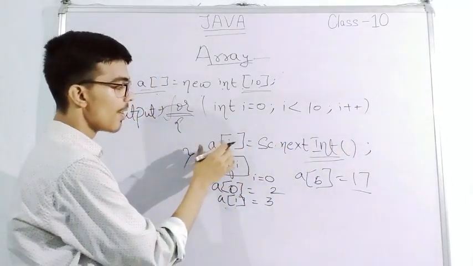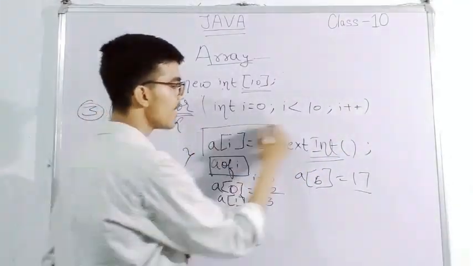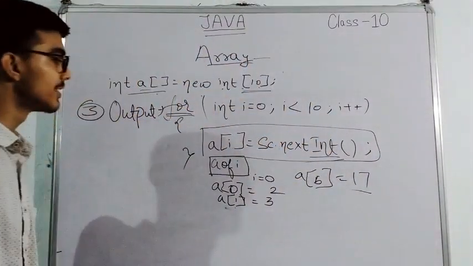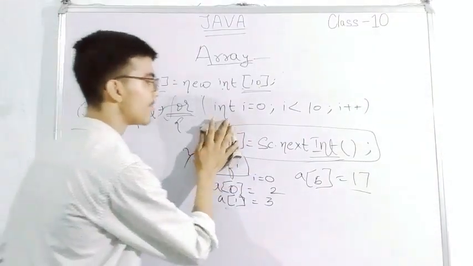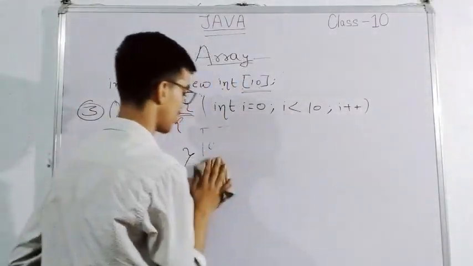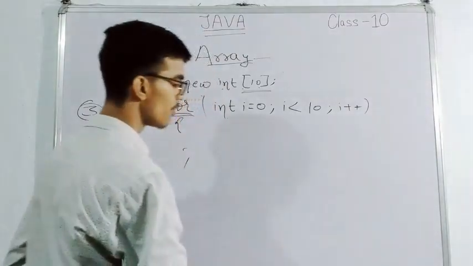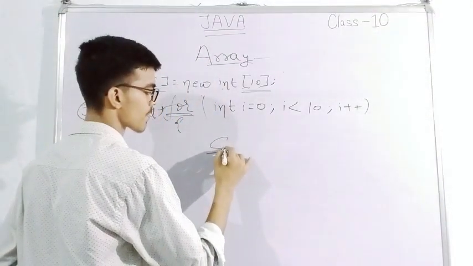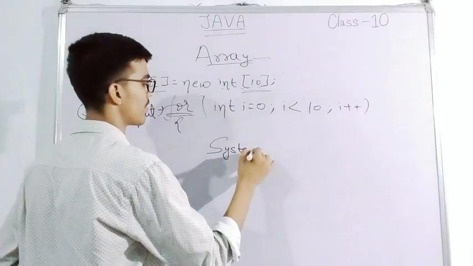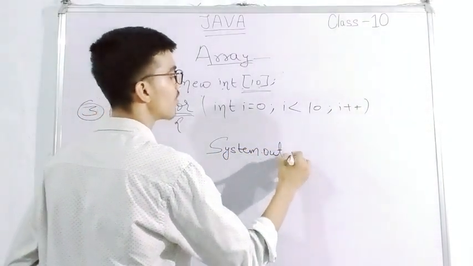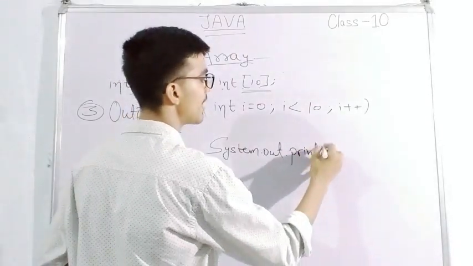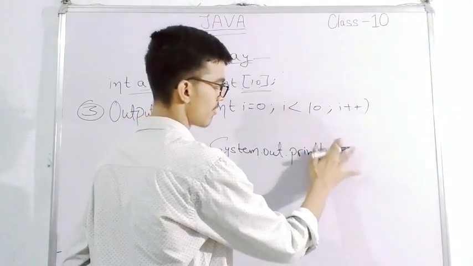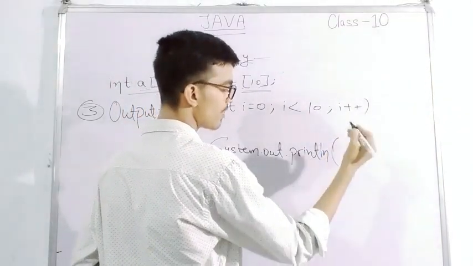After this, here we were taking input, so simply we'll remove this statement and we'll write system dot out dot println, and print what we want to print.